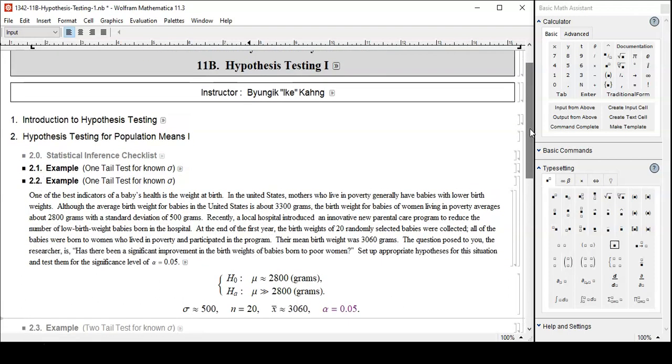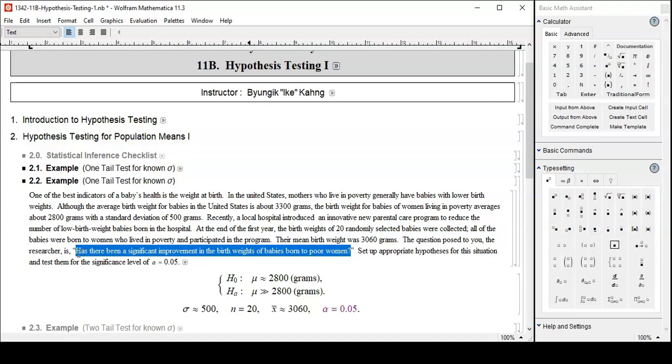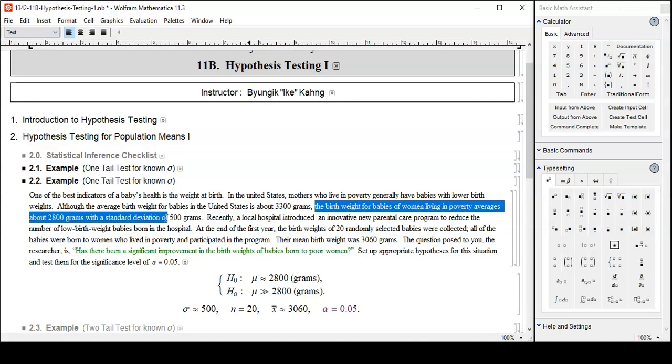So here, even though the average birth weight of all babies in the United States is about 3,300 grams, that's given there, but that's not really the null value because our interest here for this question is babies born to poor women. So let's restrict our attention to babies born out of poverty and concentrate upon the next part of the sentence.